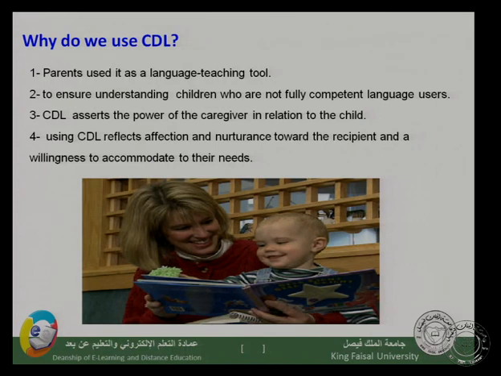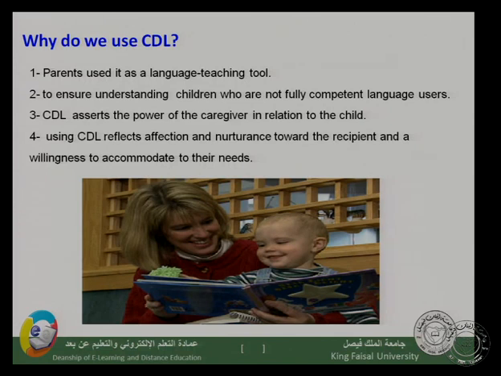We also use CDL to ensure understanding, as children are not fully competent language users. Because we assume that a child is incompetent, unable to control his language, not an experienced language user, we assume that a young child is unable to use language to the best effect.